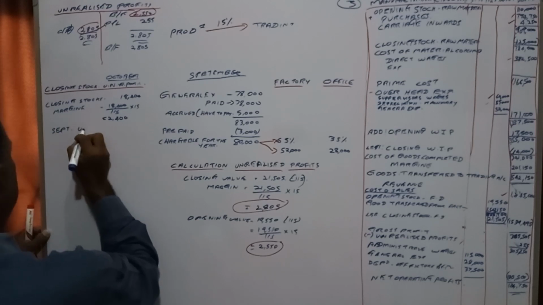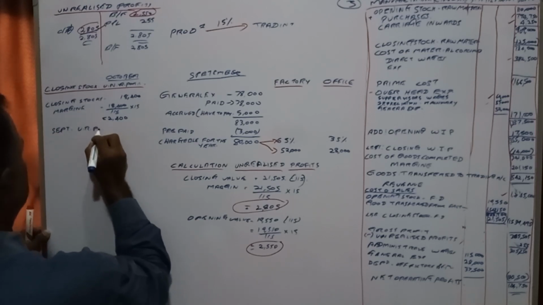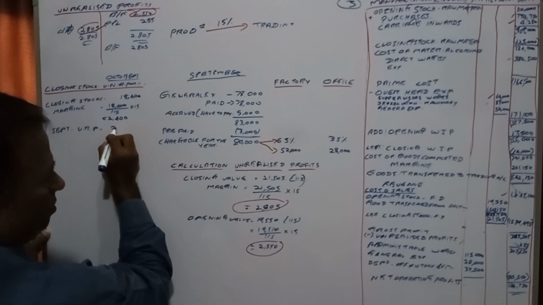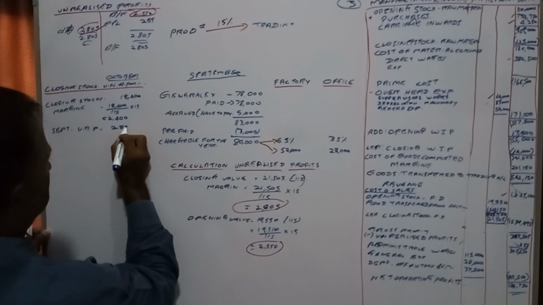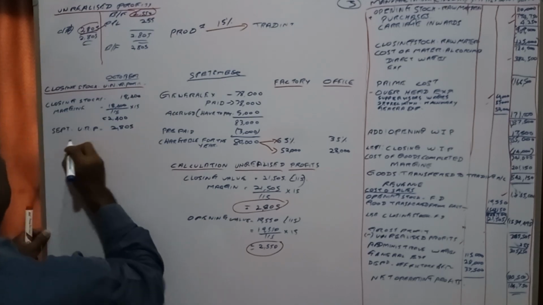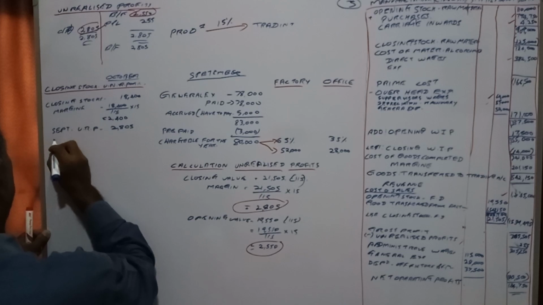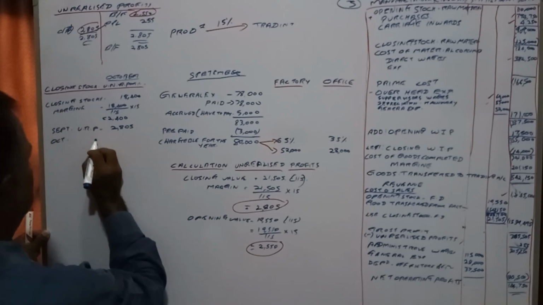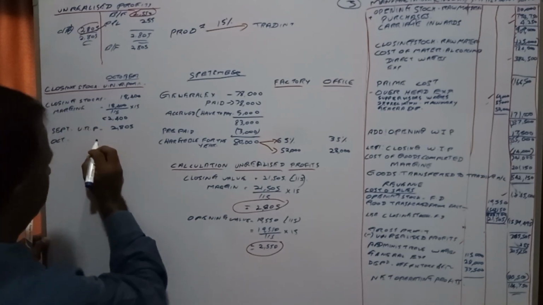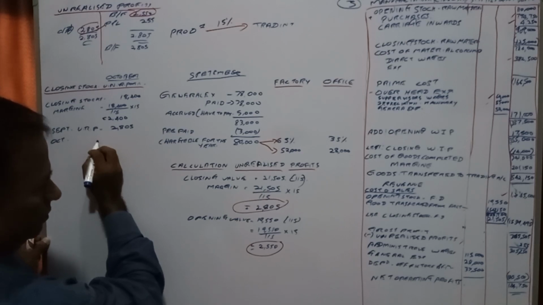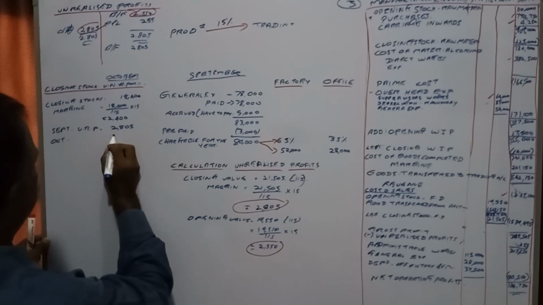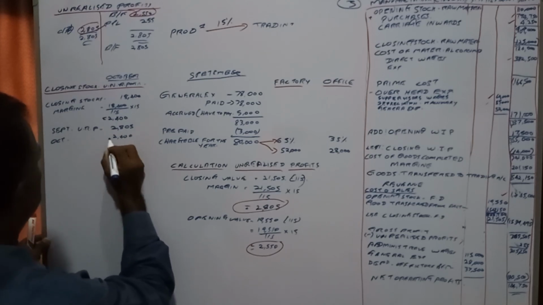September unrealized profit was 2,805 rupees. Now in October, how much unrealized profit was there? 2,400.